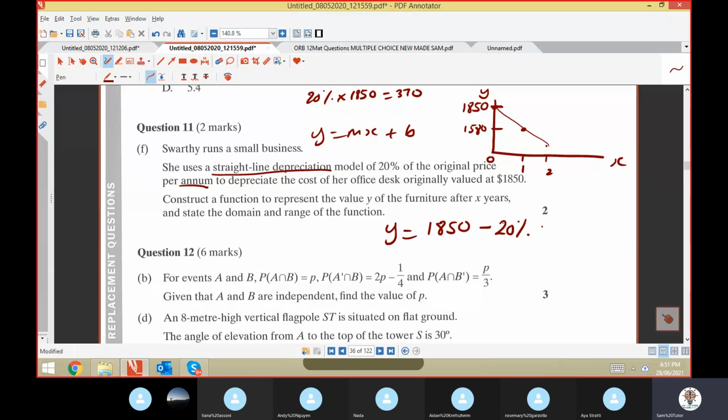I would have just done it as 1850 times 80%. So how am I going to show it to you? 1850 minus 20% of 1850.